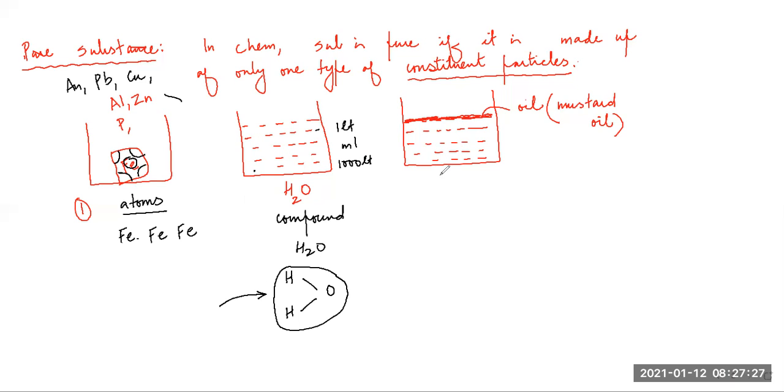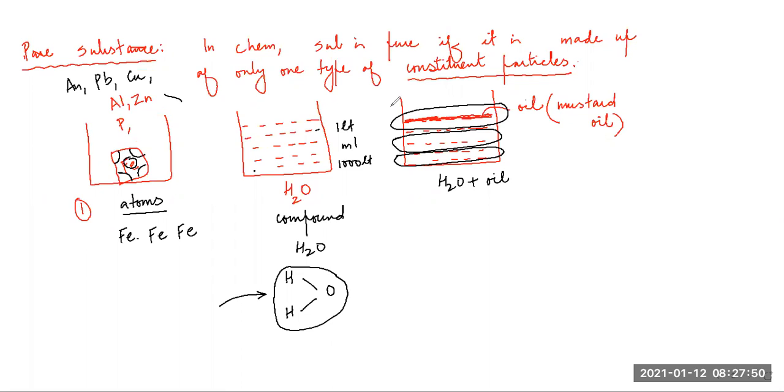But if we take the case of water with oil on the top, it is oil plus water. But if you see here, it's all water, and here also it's all water.